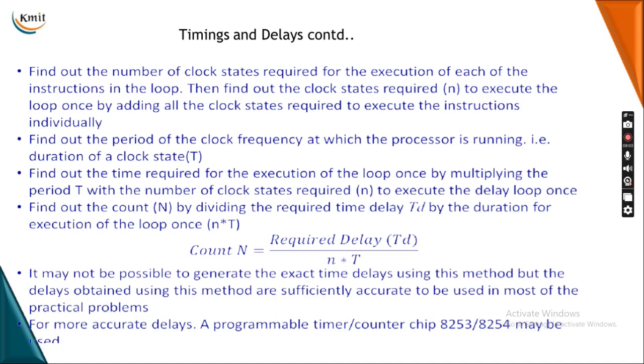So we need to find Td, the required delay, determining the actual delay required by the processor. Then n into t: n is the total number of clock states required and t is the clock period, nothing but one clock pulse, which is the inverse of the clock frequency.